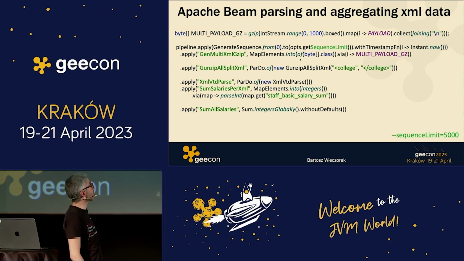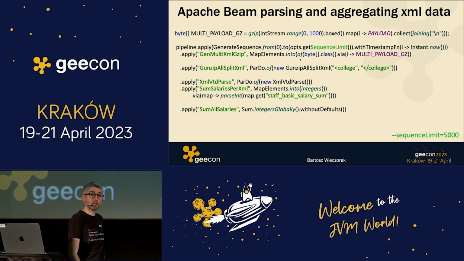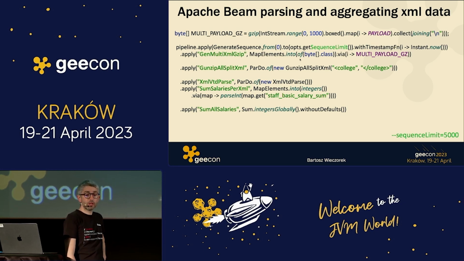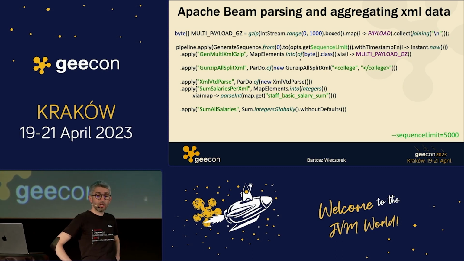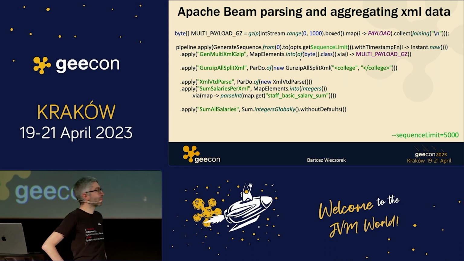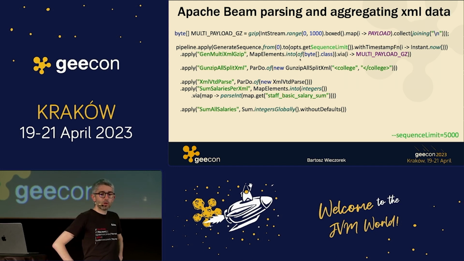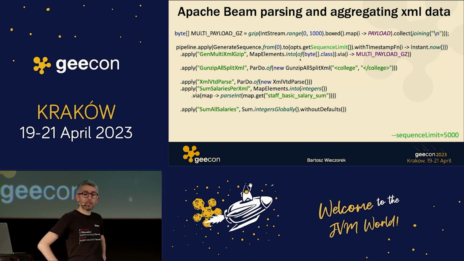Okay, so the example right now is of a different pipeline that is processing that XML that we've seen here, right? So what's really happening here? Again, my favorite generate sequence, because that keeps the pipeline cost low for this presentation. So I'm taking the XML payload that I've showed you from college.